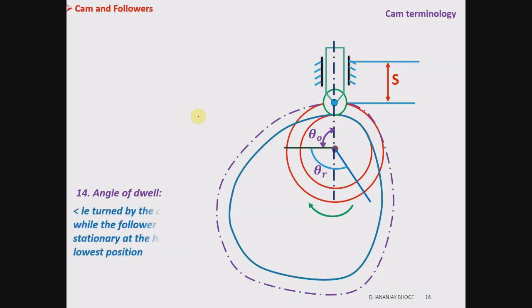Now, angle of dwell is the angle turned by the cam while the follower remains at rest at highest or lowest position. Okay, say follower is at the lowest position, and for some rotation of the cam, it is not moving, it is at rest. That period is called as dwell period, and the angle turned during dwell period is the dwell angle. This can happen at the lowermost position or topmost position.